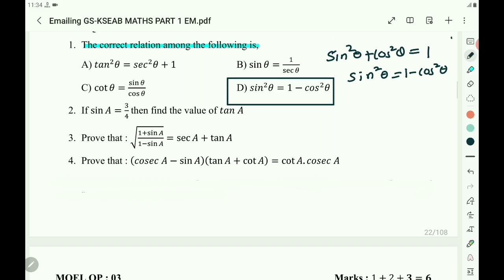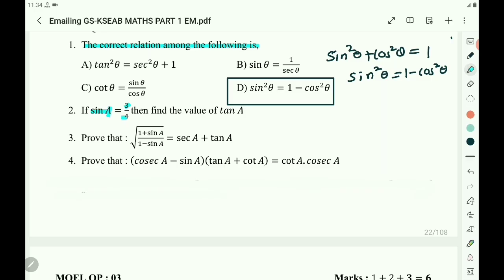Then you take the question number 2. Sin A equals 3 by 4. Find the value of tan A. This is a 2 marks question. To find tan, we need the opposite side to the angle A and also adjacent side to the angle A. But here sin is given, means opposite side by hypotenuse is given.